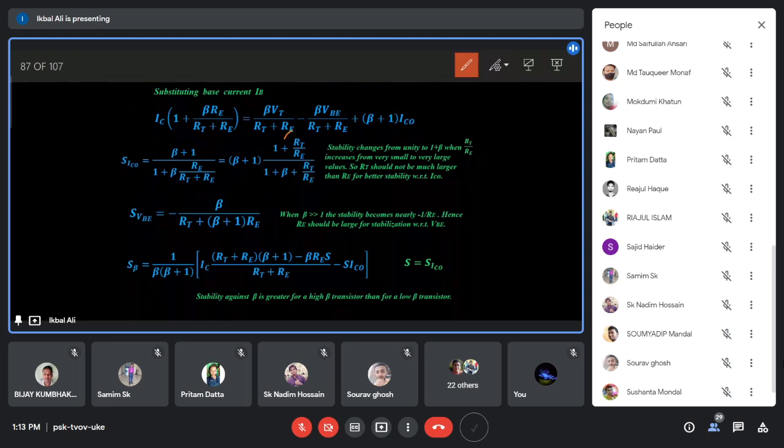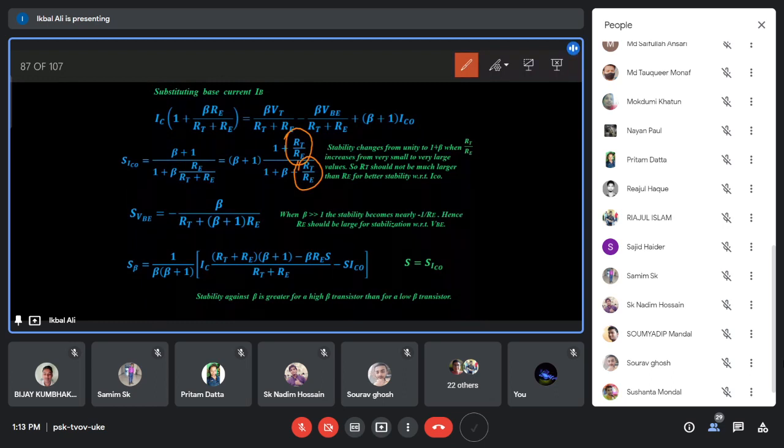Here, this RT by RE, if this value is very low, close to 0, then in the numerator you have beta plus 1 and it cancels to 1. So that is the best value of the stability, the lower value. If the RT by RE is very high, then it will become beta plus 1.